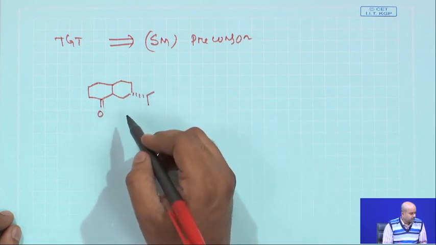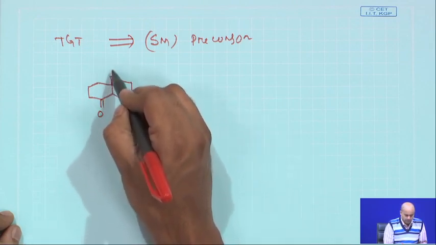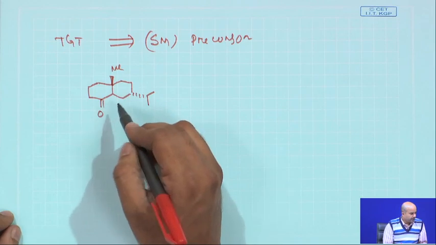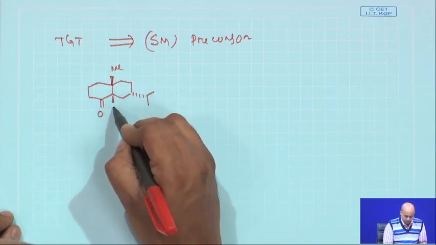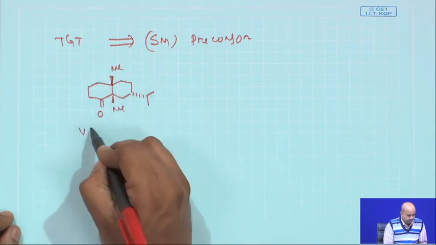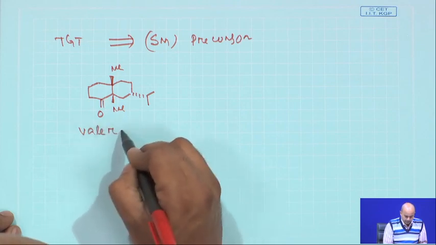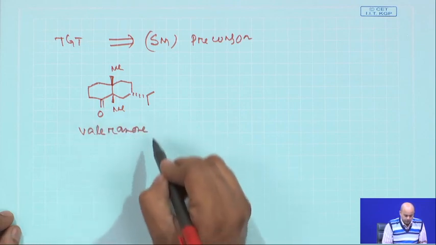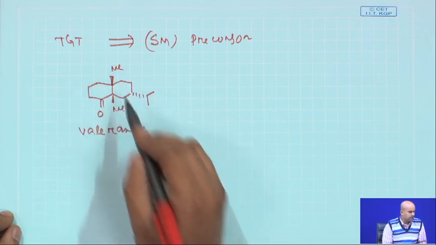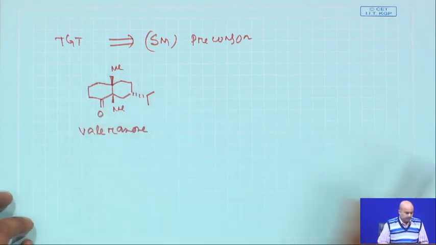This molecule is a natural product, and its name is Valeranone. Valeranone is a C15 framework molecule, it is a sesquiterpenoid. If you count its carbons, it will come as C15.